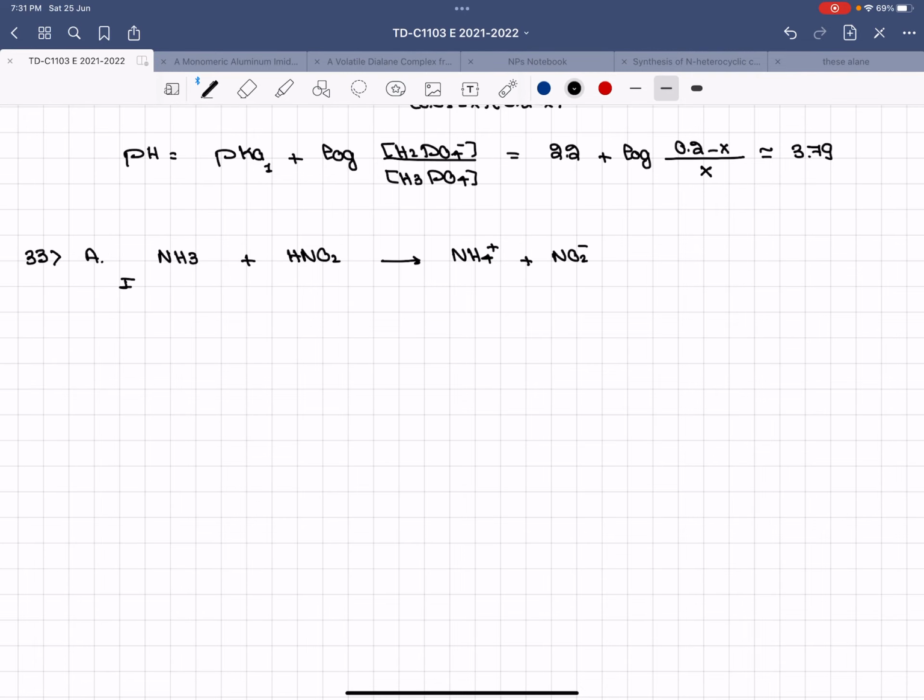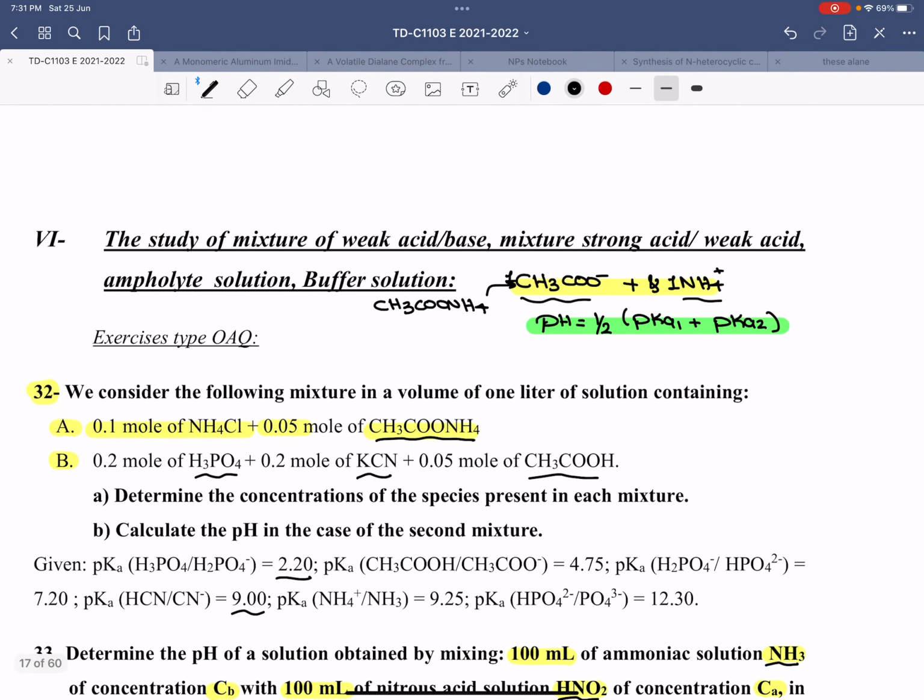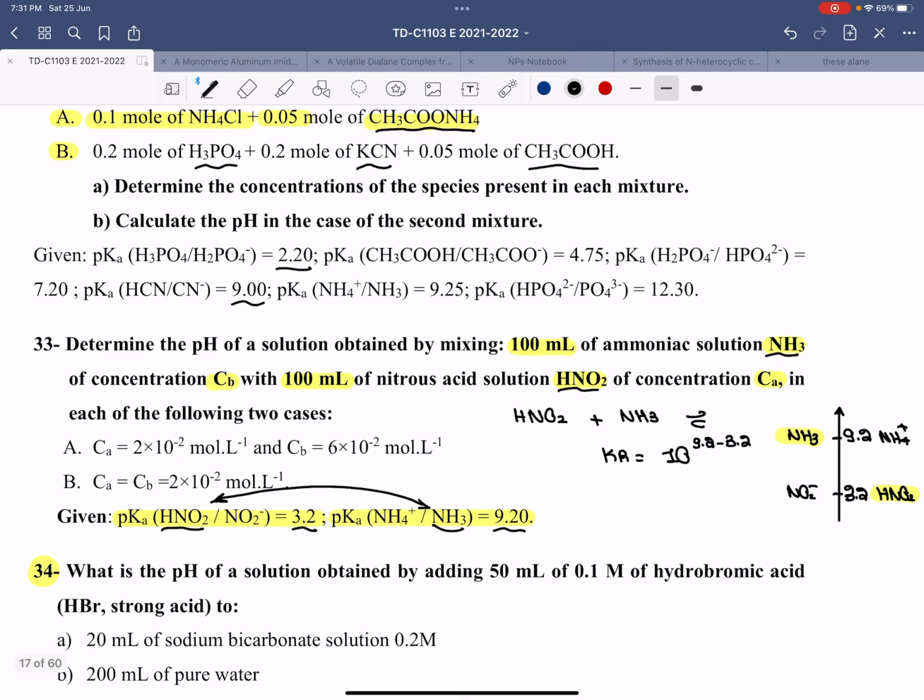Initially, the volume in this case changes. Did you notice? 100 milliliters of ammonia plus 100 milliliters of nitrous acid means that the total volume is 200. Either find the new concentration, how do I find the new concentration? V times C divided by the total volume, or work with the millimoles.